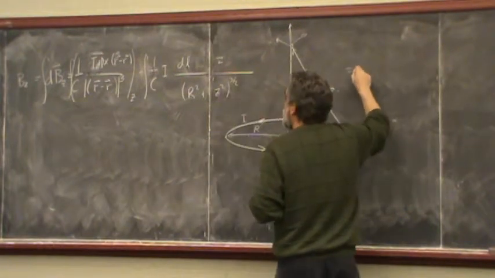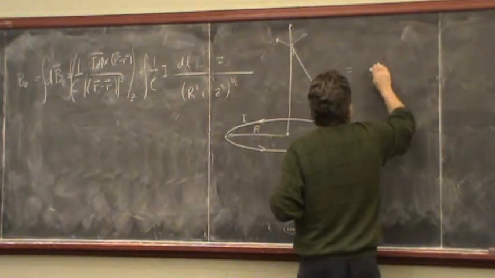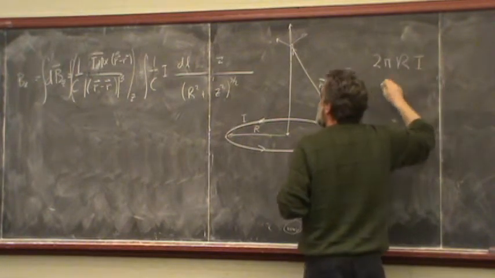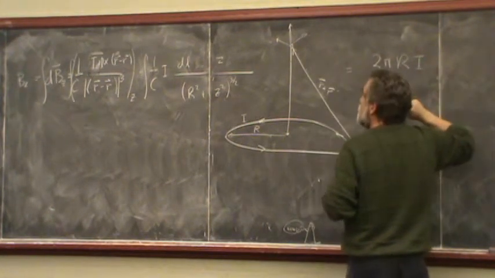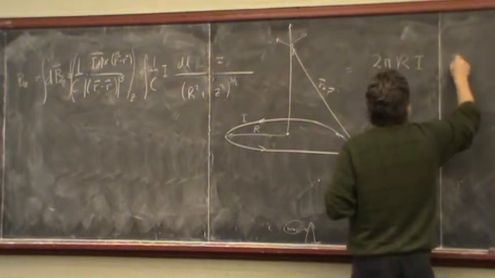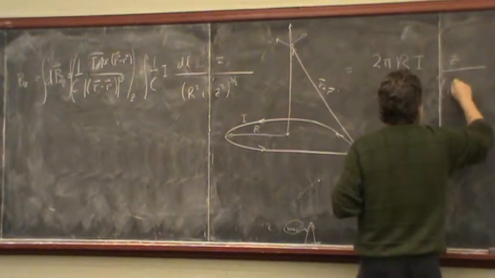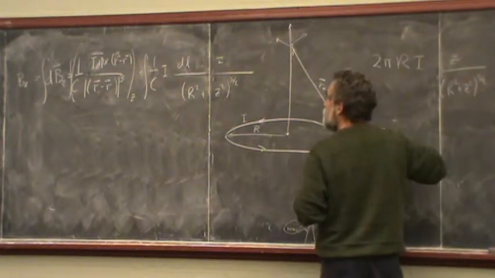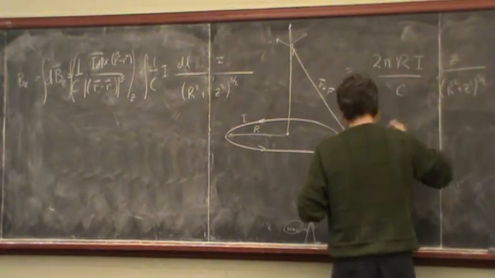So I end up with 2 pi r I z over r squared plus z squared to the 3/2, over c.